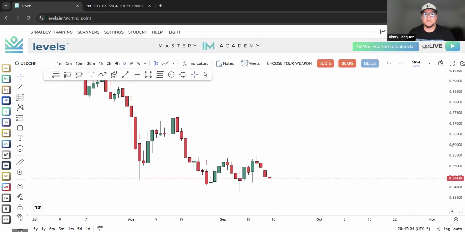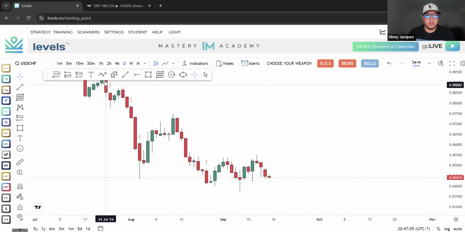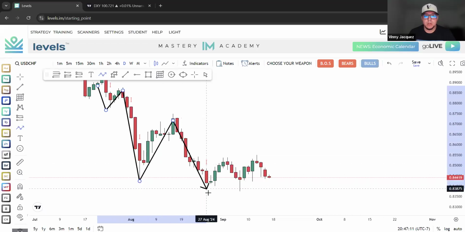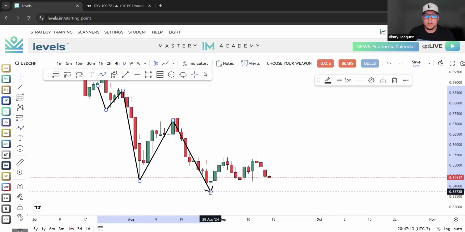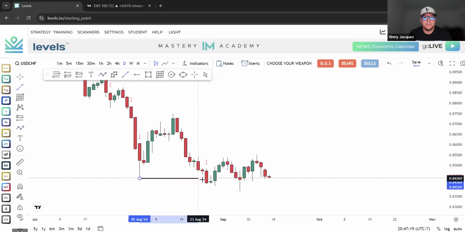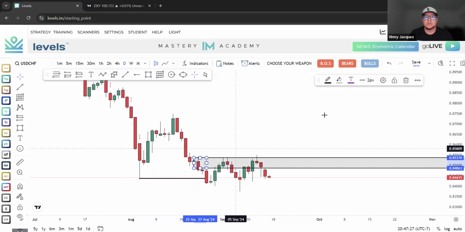We'll take a look at the higher time frame real quick just to double check. But again, we are making lows, right? Lower low, lower high, lower low, lower high, lower low. The market just starts to consolidate as soon as we break and close below another low. Right now, the starting point is holding consolidation.